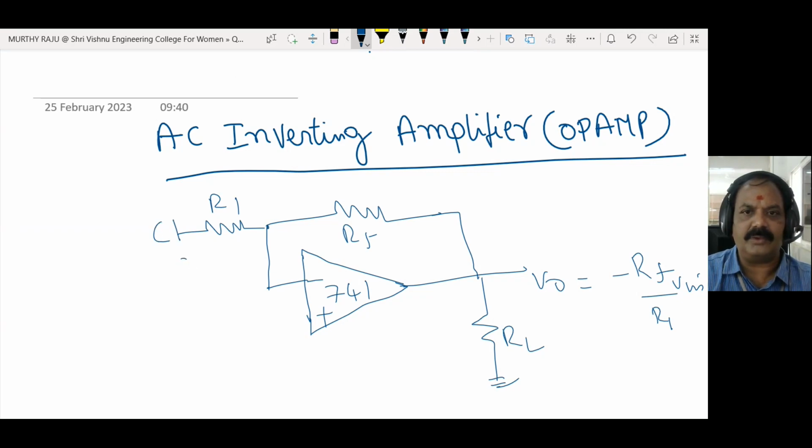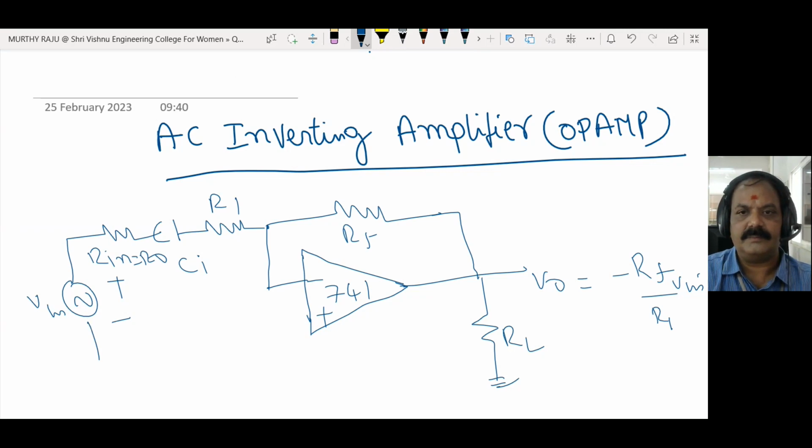Here we use the coupling capacitor CE. Minus V, RE is equal to R0, minus V, plus VCC.